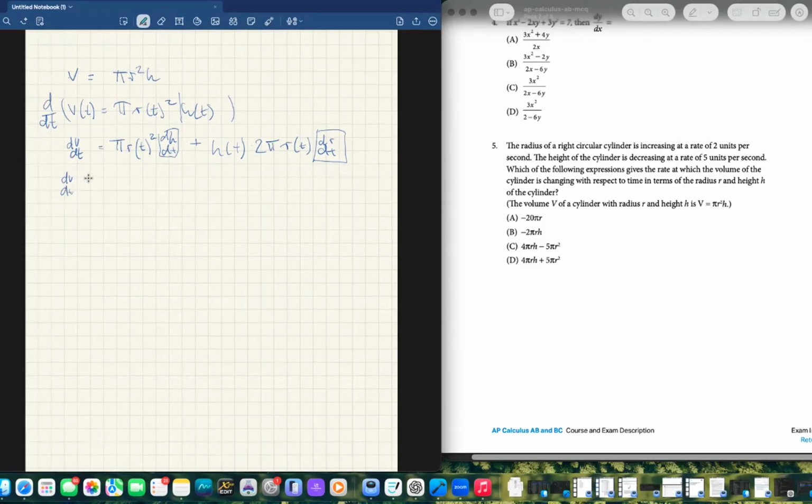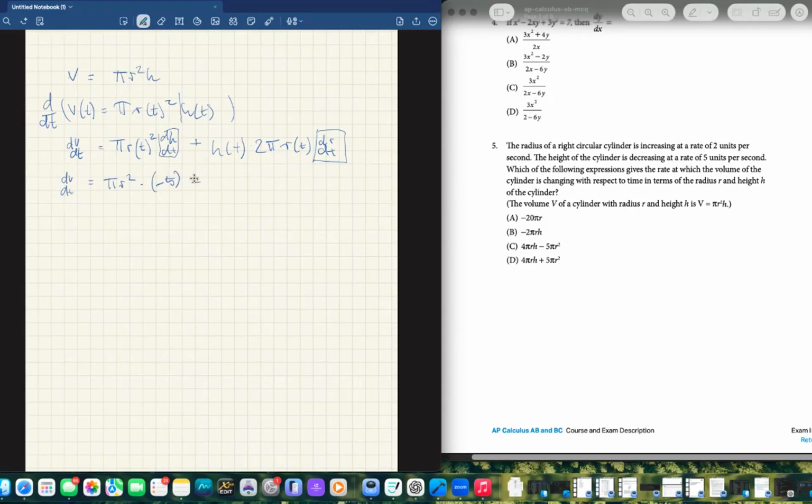Okay, so we get dV/dt is equal to pi r squared times dh/dt. dh/dt is the rate at which the height of the cylinder is decreasing, 5 units per second. So it's going to be -5.